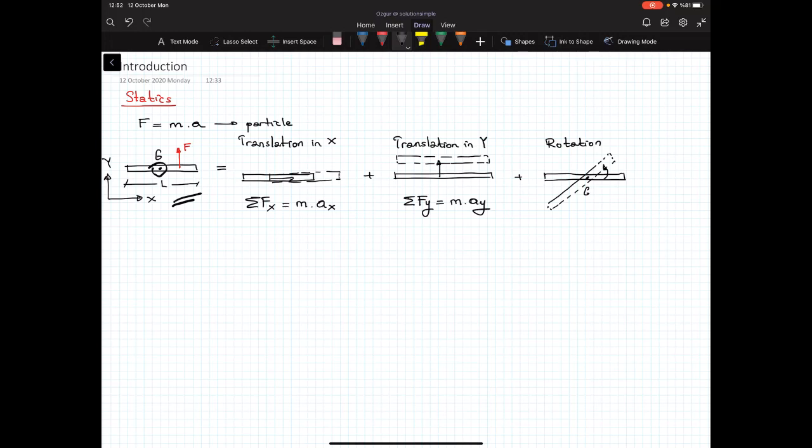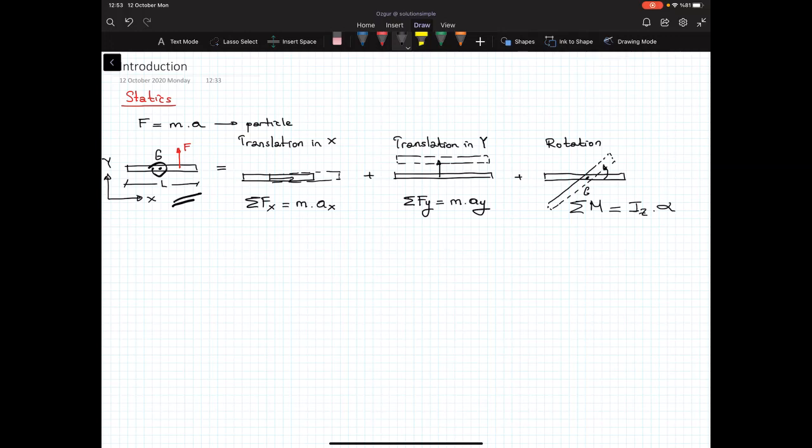So we call the rotating effect of any force a moment. So the sum of moments in this element must be equal to the mass moment of inertia multiplied by the rotational, or the angular, acceleration. So these are the three dynamic equilibrium equations that we can have for a member in two-dimensional space.